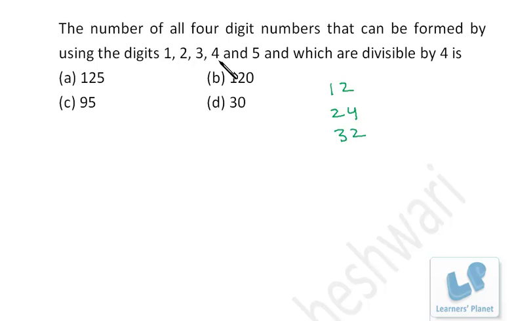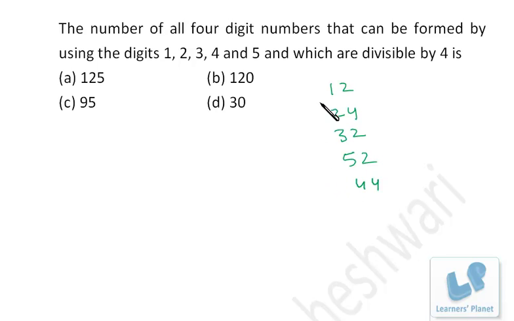then 52. Then we have 44 as well, because digits can be repeated. Since it's not given that the digits cannot be repeated, we can take the repetition of digits as well, right? So in all, these are the combinations where the last 2 digits are divisible by 4, right?